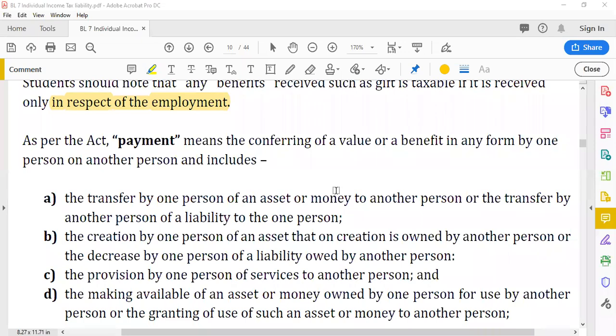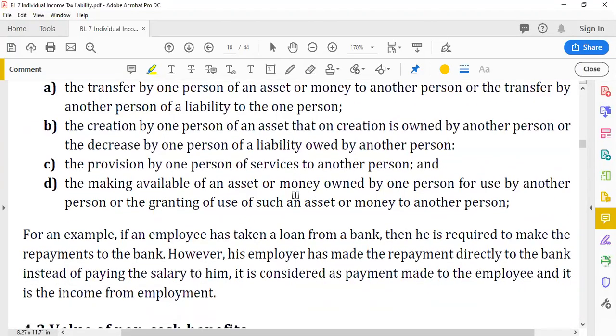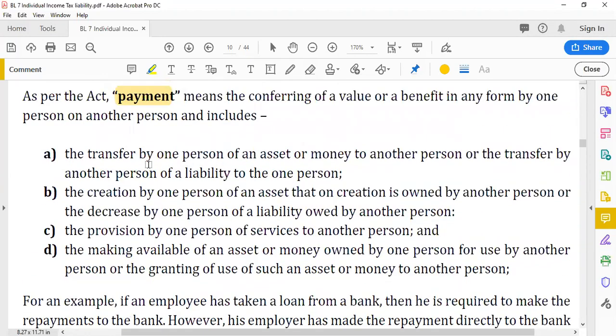And as per the Act, payment means the conferring of a value or benefit in any form by one person to another person, and includes the transfer of money. It's up to you to read and understand.